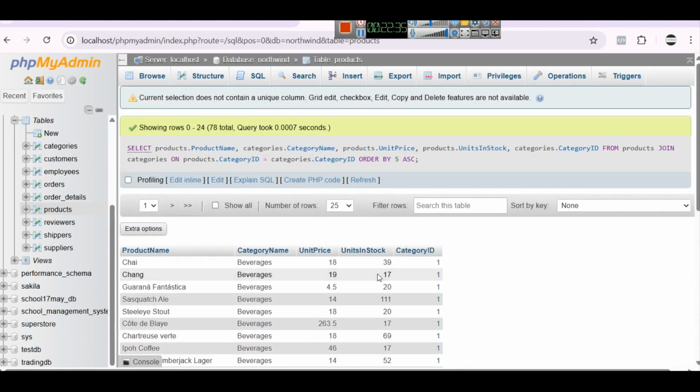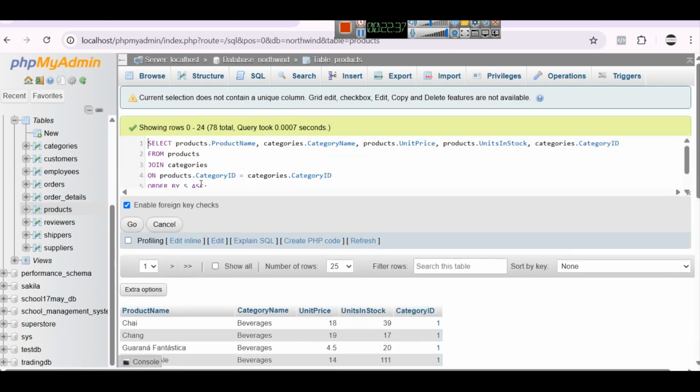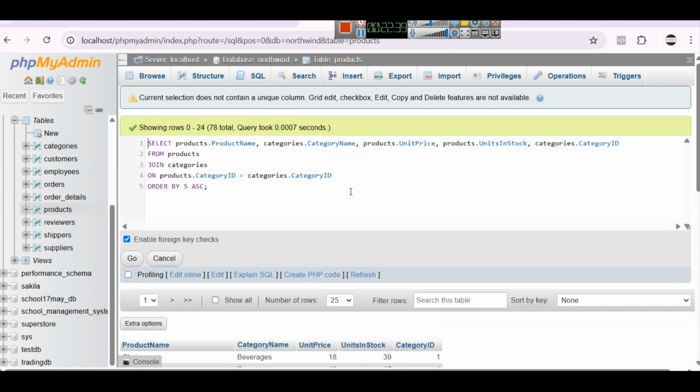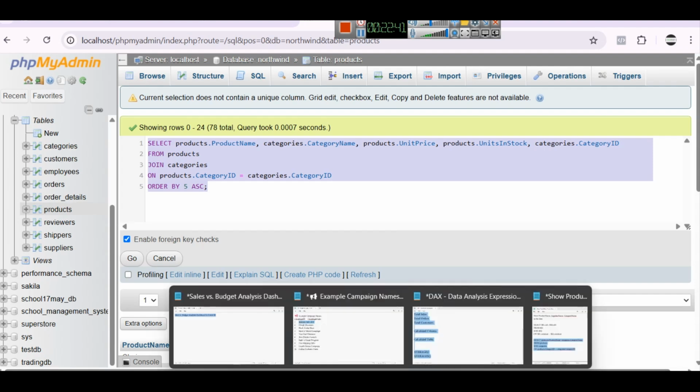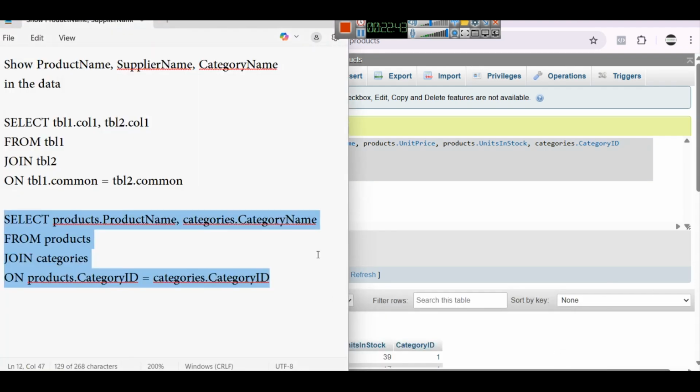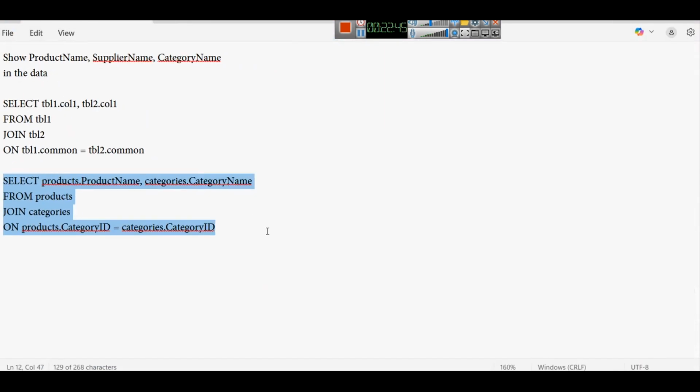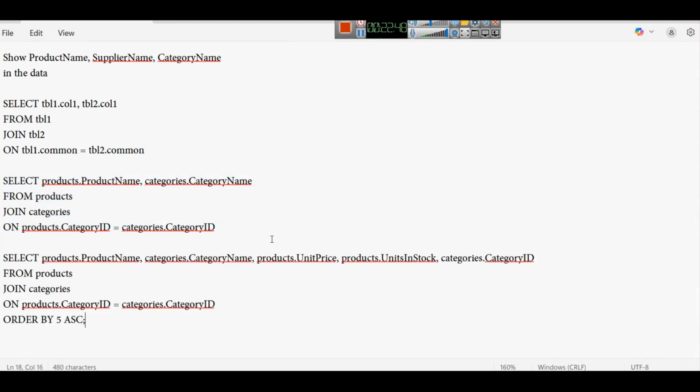But as a beginner I will suggest you to write the proper name of the column. When you have more practice, then you can try this. Okay, so what I want to do is order by category name.